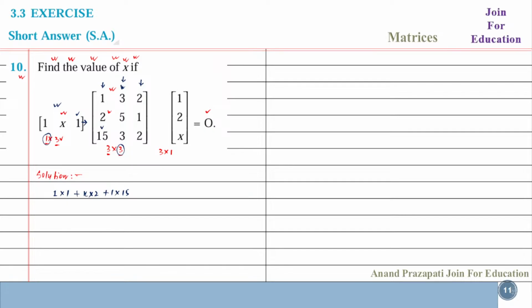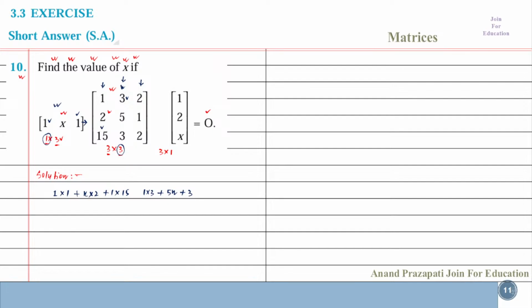So this is the first element of the matrix product of these two. Again this one multiplied by this one, then we get 1 into 3. So we write down here 1 into 3, plus x into 5 equal to 5x, plus 1 into 3 equal to 3.